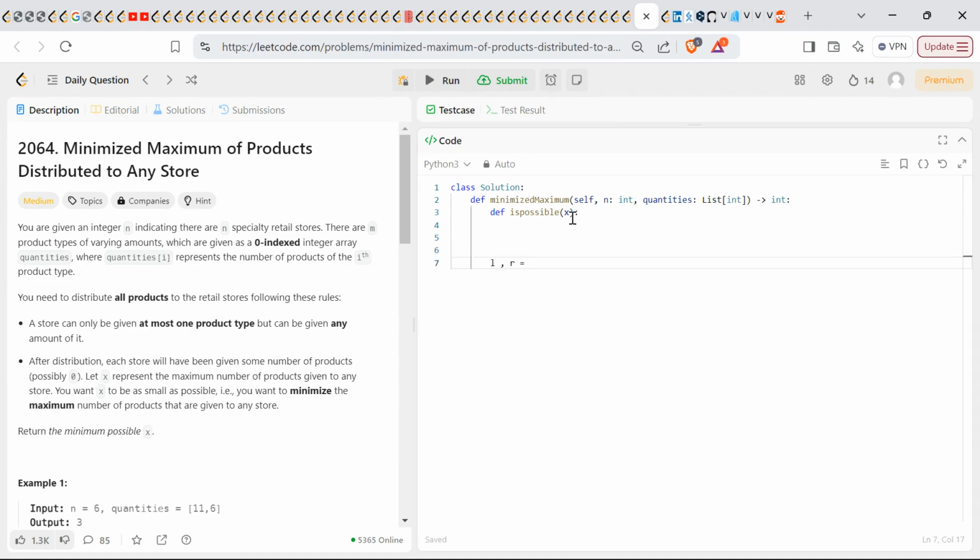Left and right pointers initialization was 1 and max of quantity. Result count is 8.